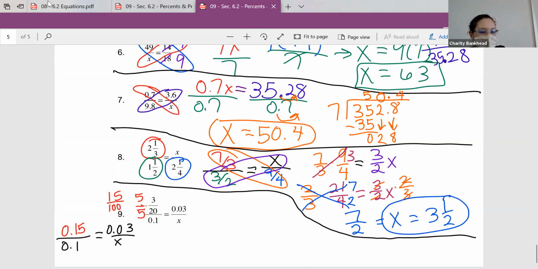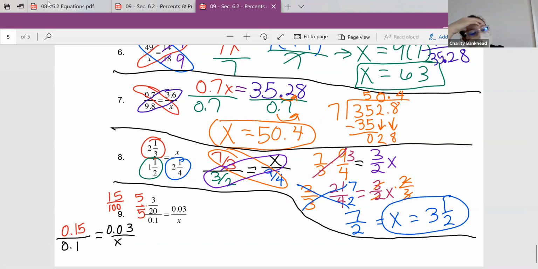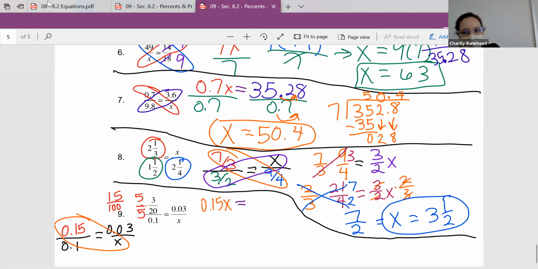Okay. Let's see. So I guess let's just go ahead and do the cross multiplying. So 0.15x equals, so we've got to do 0.1 times 0.03. So that's just going to be 0.003.